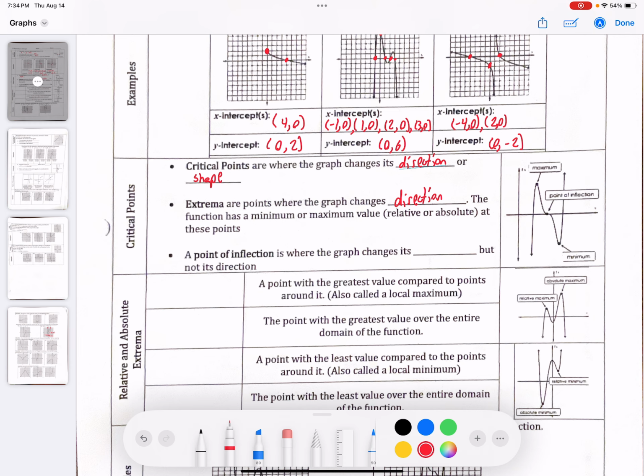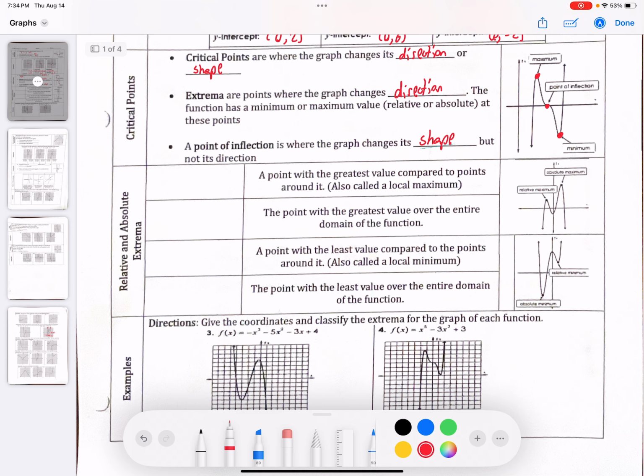A point of inflection is where the graph changes its shape but not its direction. So this is a maximum, this is a minimum, and this point in the center here, where it looks like it has a little bump on it but it really doesn't, is called a point of inflection. It's still a decreasing interval at that point.